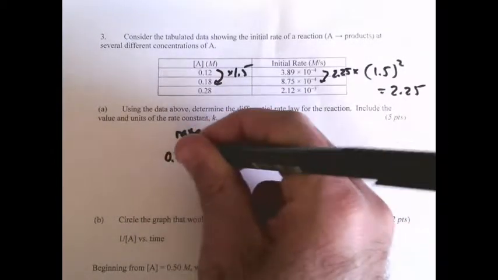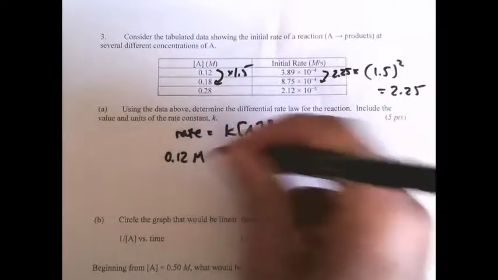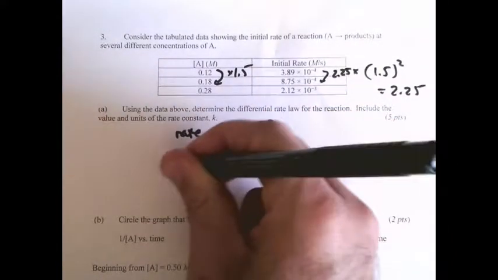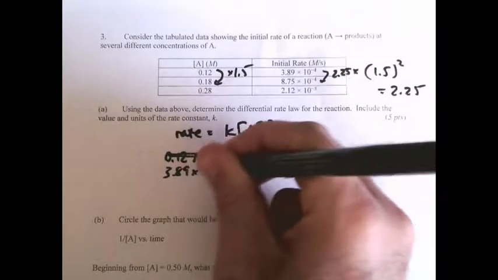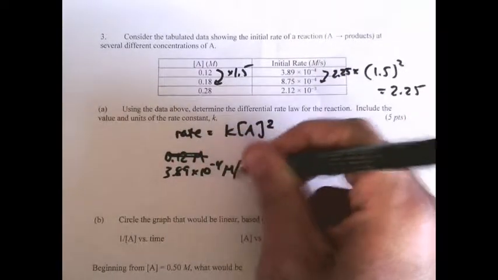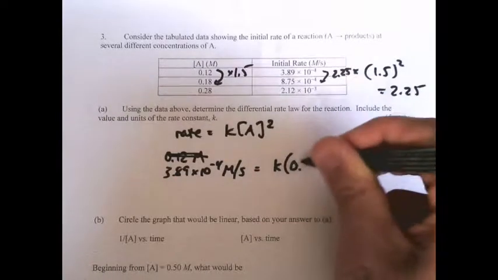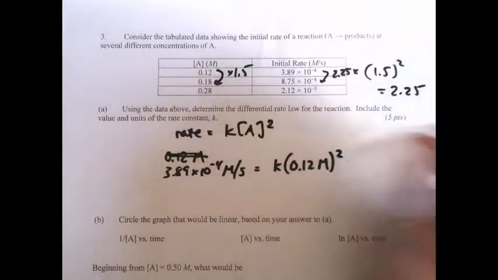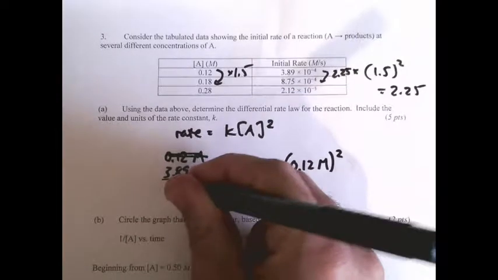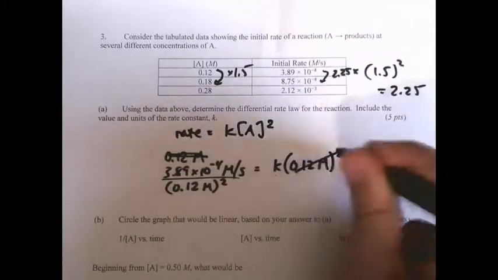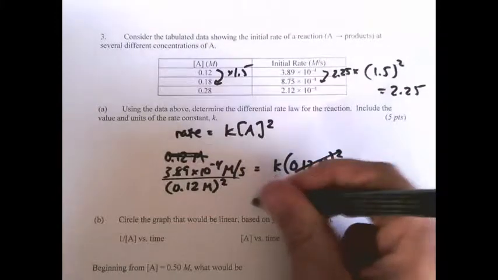So we'll go ahead and take that first set then. 0.12 molar, sorry, I'm doing that wrong. 3.89 times 10 to the minus 4 molar per second is going to be equal to k times 0.12 molar squared. And so to solve for that, all I need to do is divide both sides by that squared molarity, and we'll get a value for k.